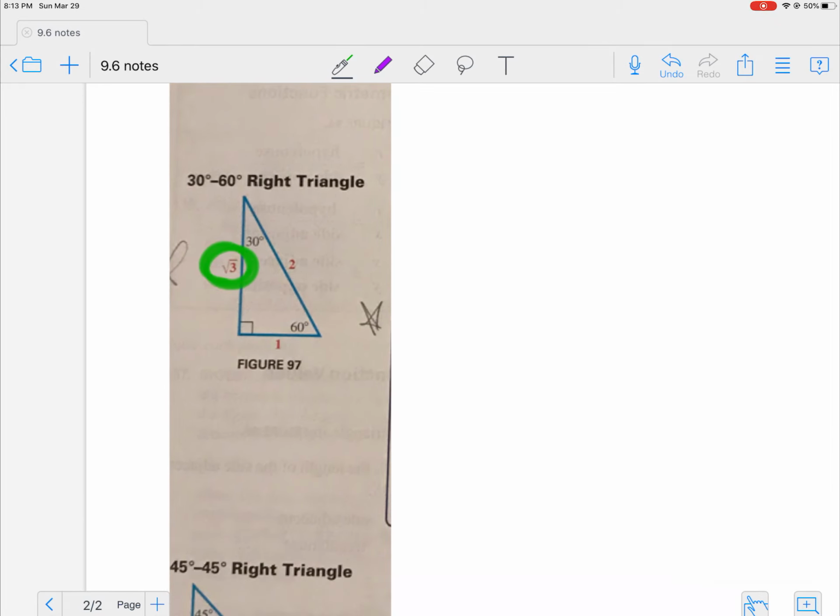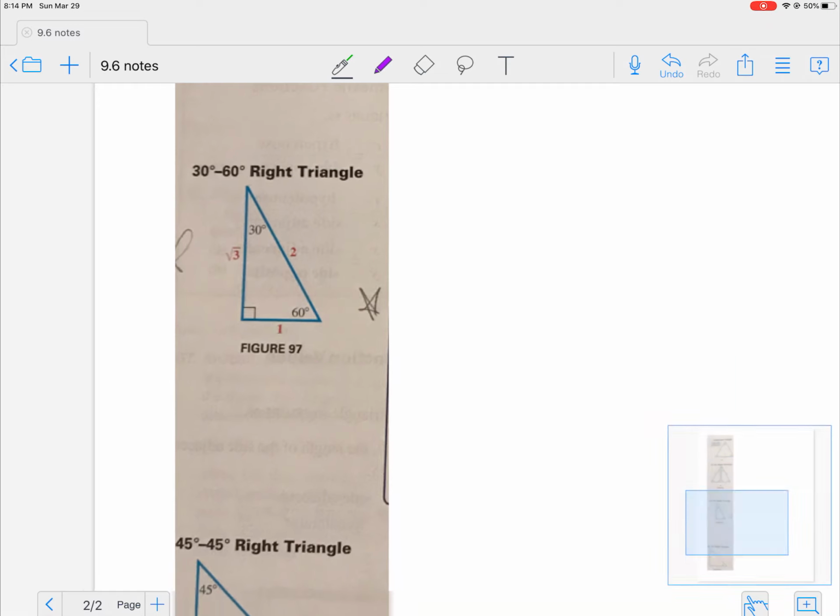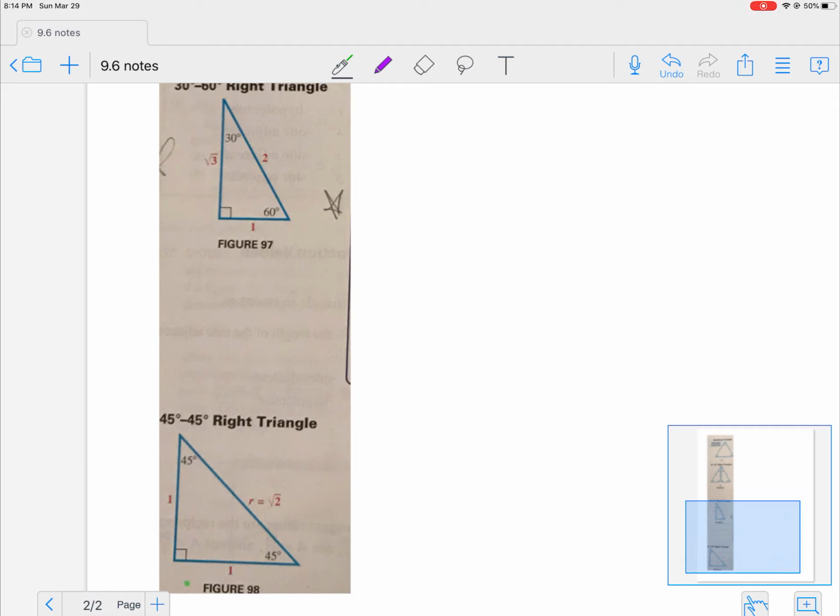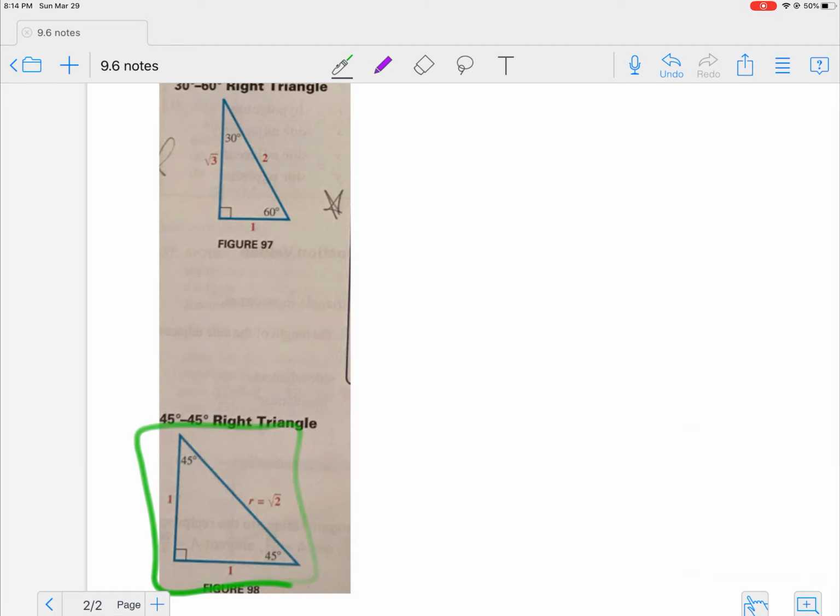But I have this right triangle. With this right triangle now, you can use the Pythagorean theorem in order to come up with this inside value. And when we do that, you see that you get the square root of 3.